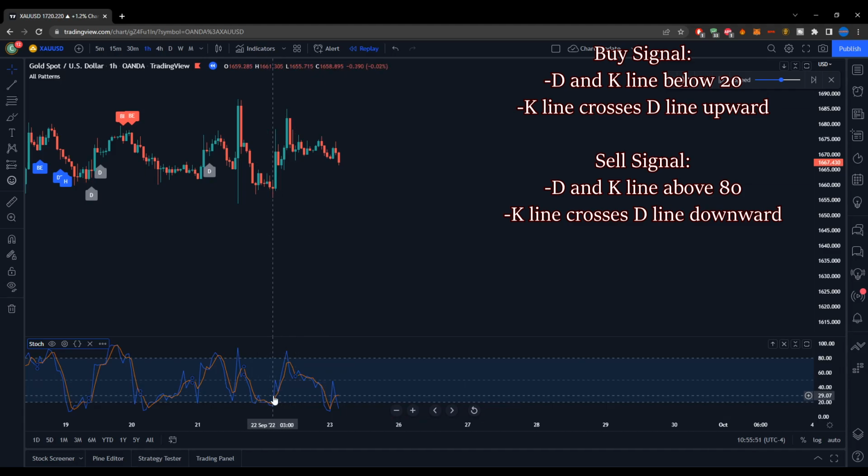The stochastic indicator creates a signal when the blue line crosses the orange line. So in this case, if the blue line is below the 20 point here and it crosses the orange line upwards, it means there's a buy signal over here.